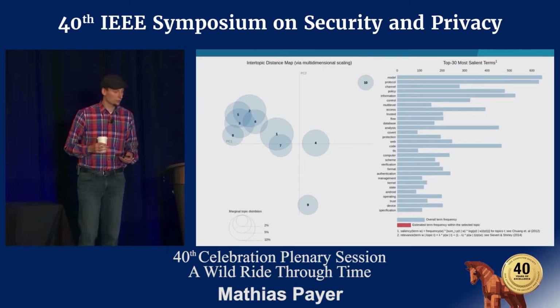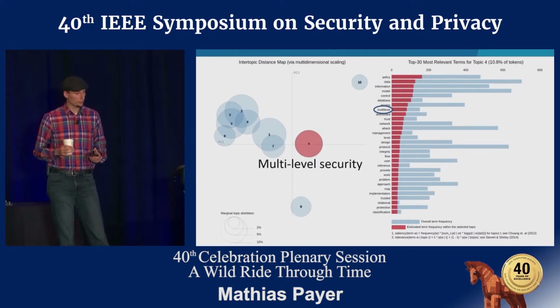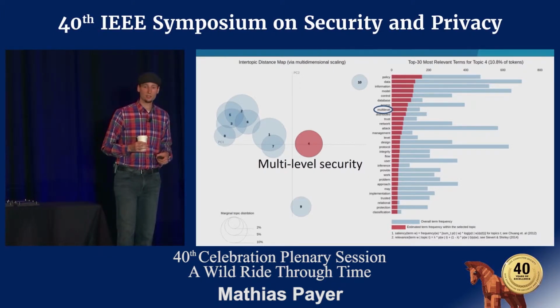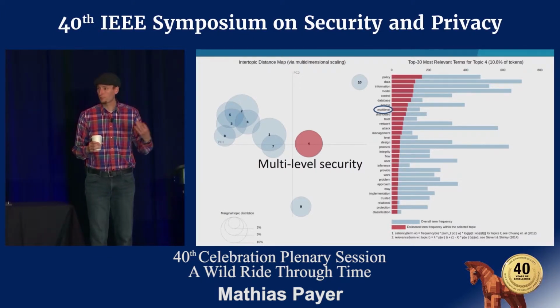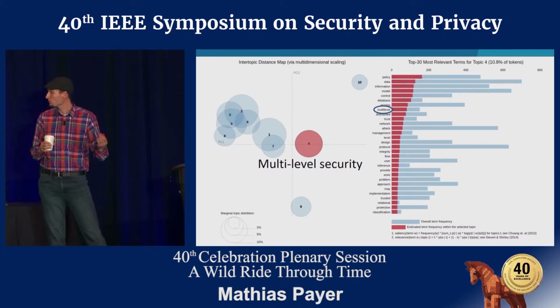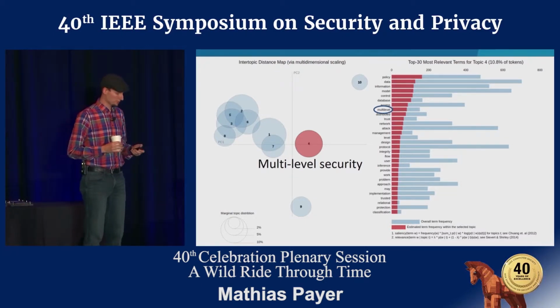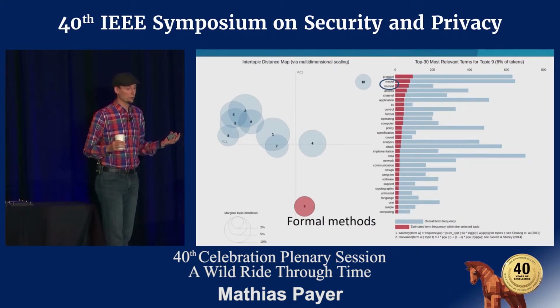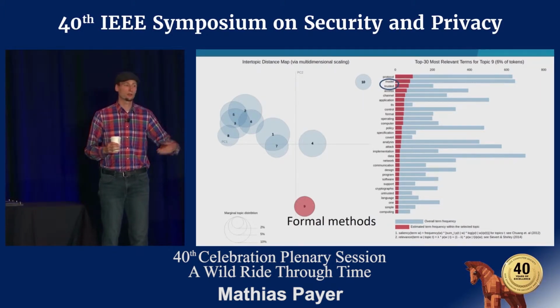These were 2 of the areas that were active in the 80s. One of them was multi-level security. Some of you may remember. If you don't remember, that may be a good cue to look it up. It was somewhat separate from these systems. And the other one was formal methods, which then spawned off and turned into its own community.